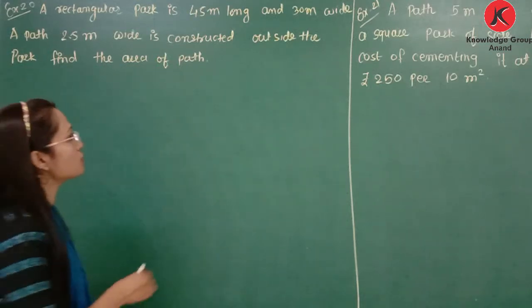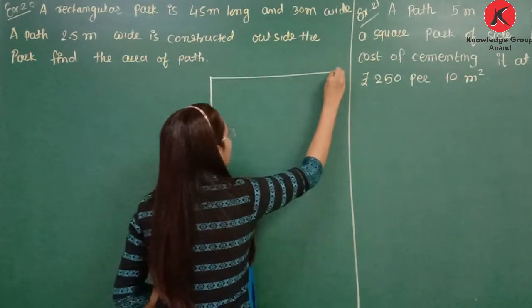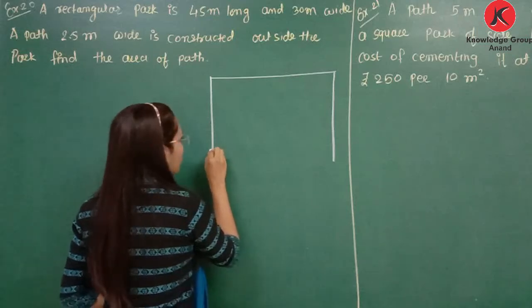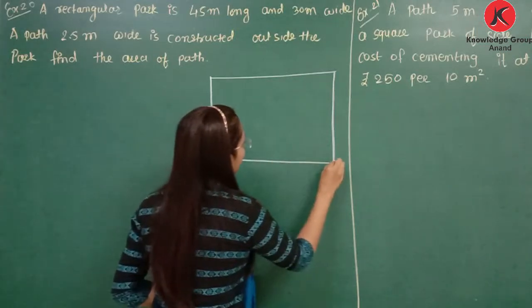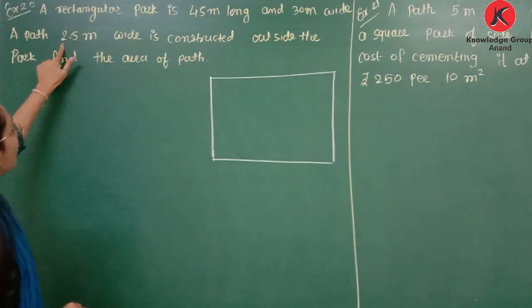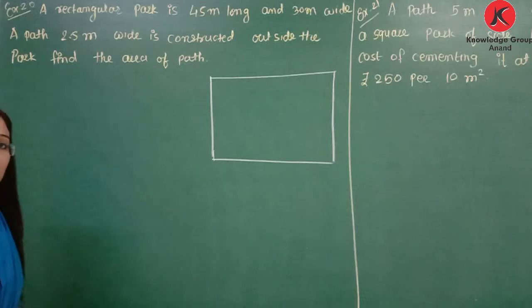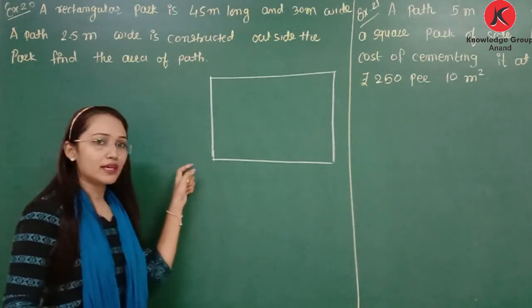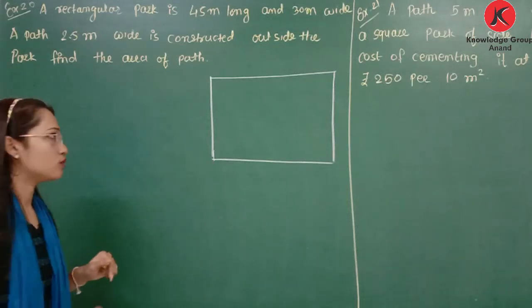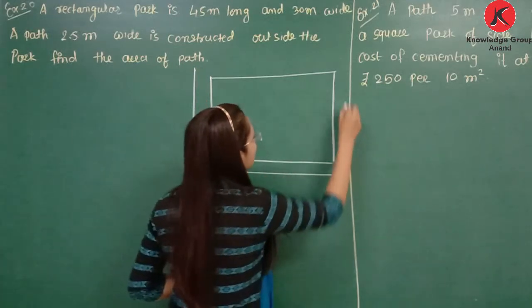So let's draw this figure. Let's say this is a rectangular park. A path 2.5 meter wide is constructed outside the park. Means outside the park there is a path of 2.5. So let's draw a path outside the park.